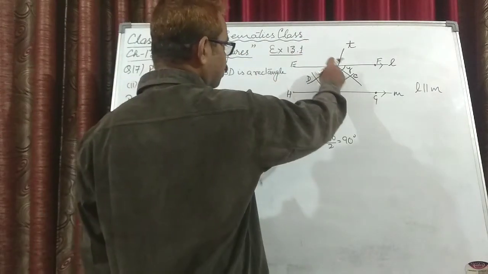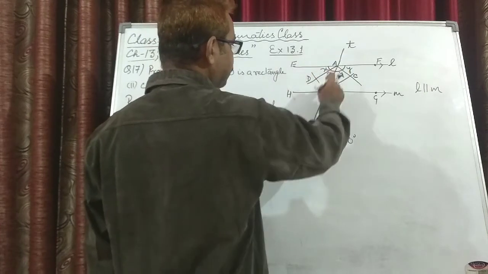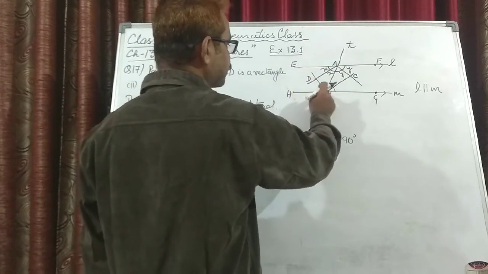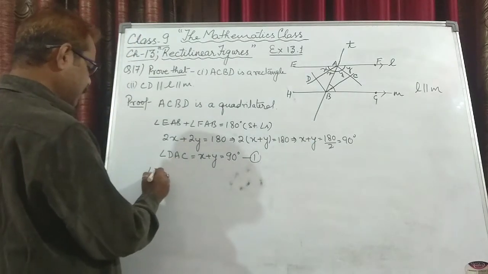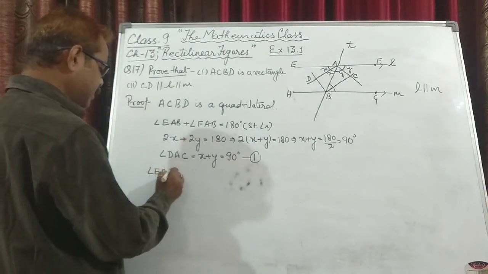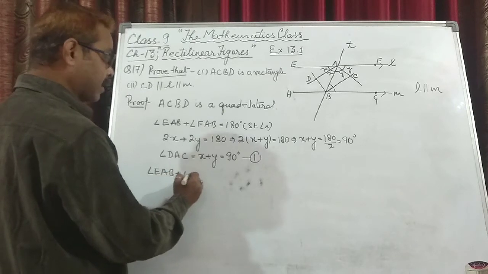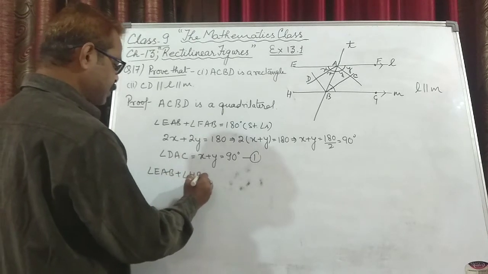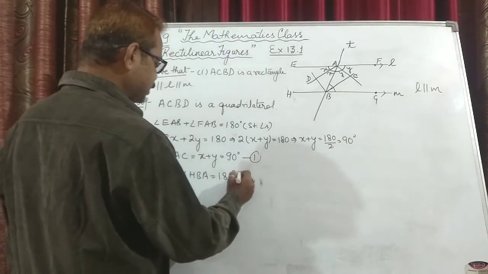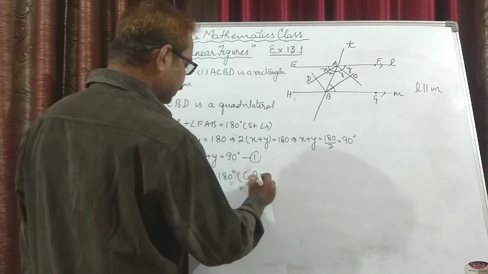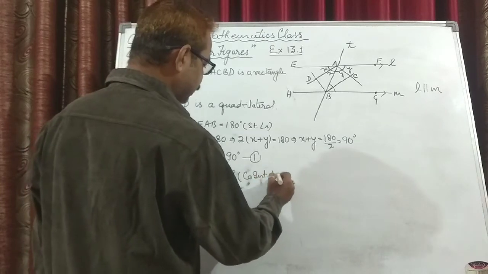Now we take angle EAB plus angle HBA is equal to 180 degrees. Reason: co-interior angles.